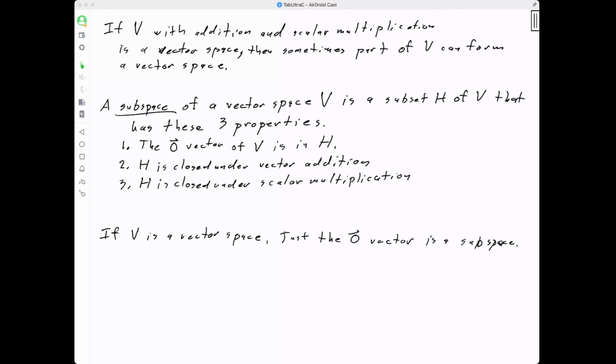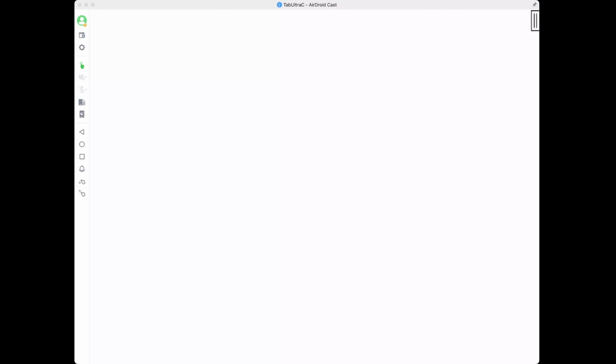So we have this idea of a vector space and a subspace, but let's see how we might actually care about this. So let's consider a vector space. That is, the vector space consists of all vectors of the form x, y, and z with addition and scalar multiplication defined how we've been using them, so defined as normal.